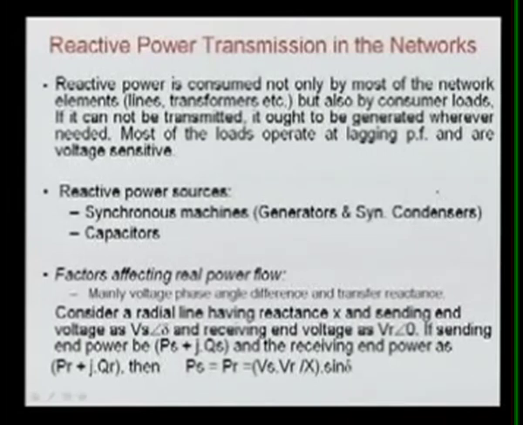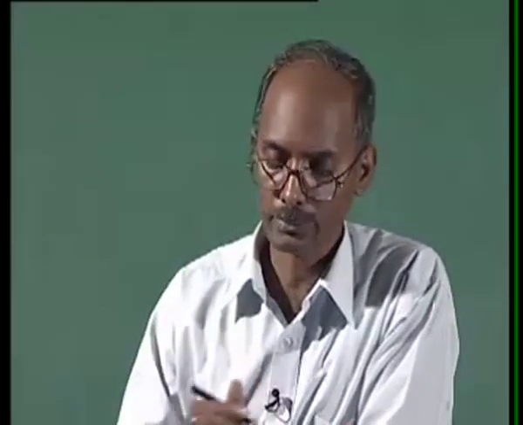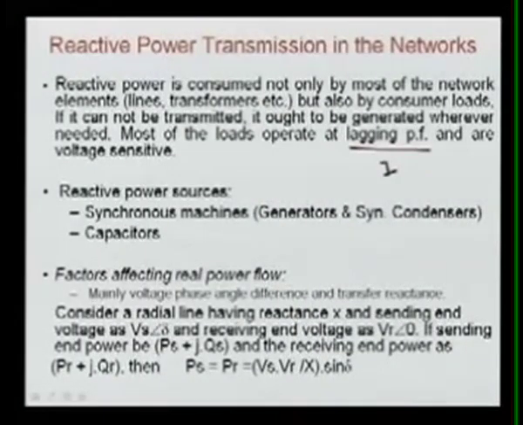You know most of the loads operate at lagging power factor. Why is it so? Because what are the loads right now? Most of the loads may be induction machines, that is, induction motors. They operate at a lagging power factor because they consume reactive power.